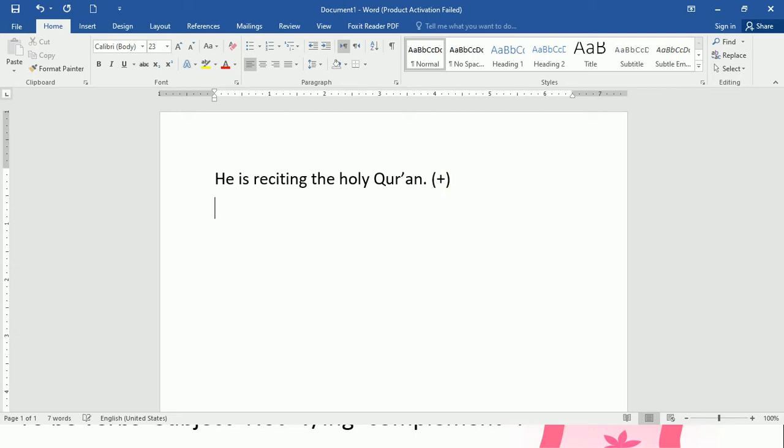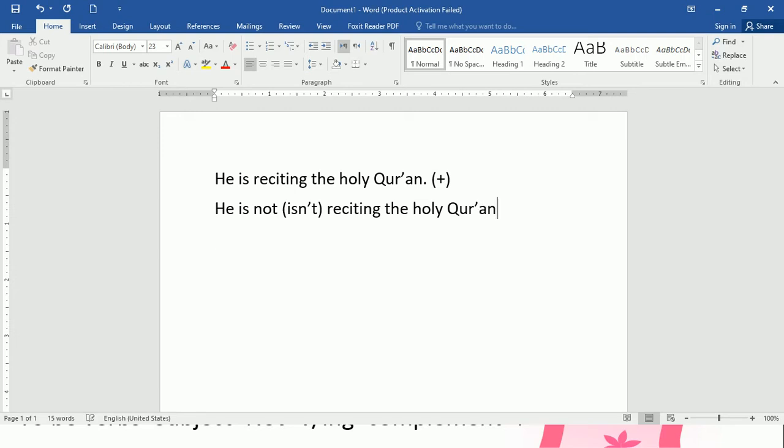Now if you want to change it to negative, just add not with it. The structure is subject plus to be plus not plus verb ing plus complement. So we say he is not. The full form is not, and the contracted form is isn't. So he is not or isn't reciting the Holy Quran.